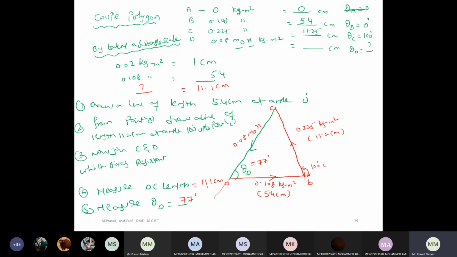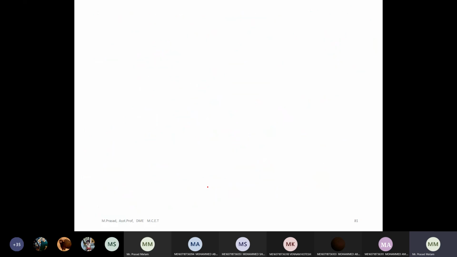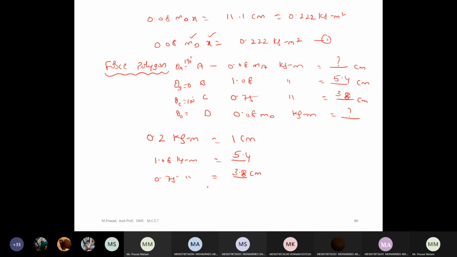Okay, so can I draw the force polygon here? I know the length. Next, what do we need to draw? Just draw a line of length 5.4 centimeters at an angle of 0 degrees.